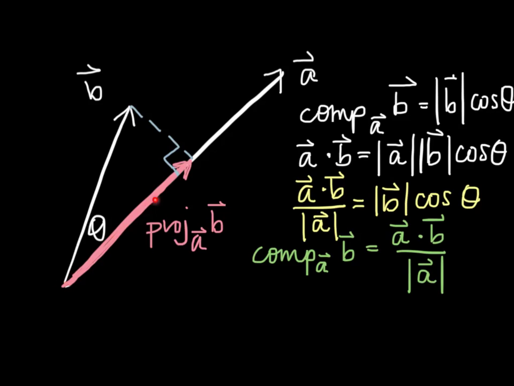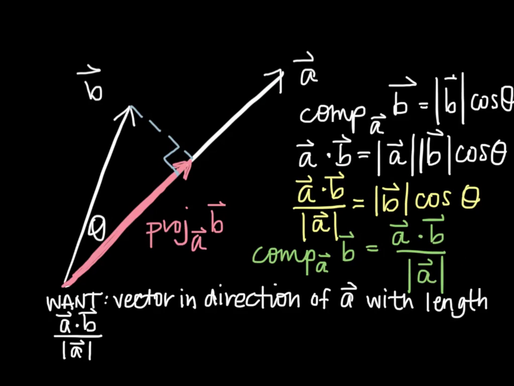Well, this is pointing in the same direction as A, so I want a vector that is pointing in the same direction as A, that is this length. So what we need is a vector that is length 1 in the direction of A, and then all we have to do is multiply that vector by this scalar to give it the correct length.